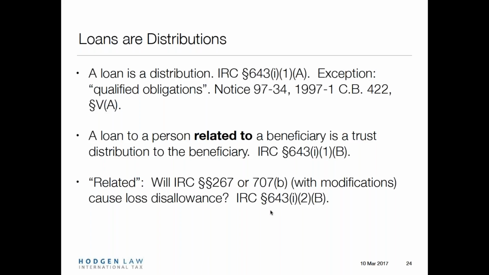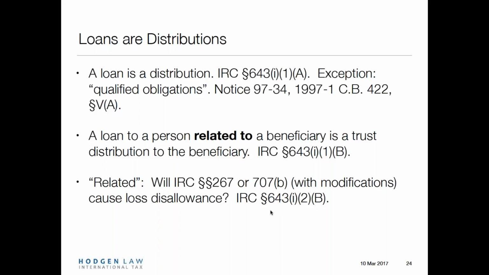The more important and weirder and unhappier part of it is a loan to a related person is a distribution to the beneficiary. So I get a loan, no problem. My dad gets a loan and I'm a beneficiary. I've got a distribution because the loan was made to my dad.